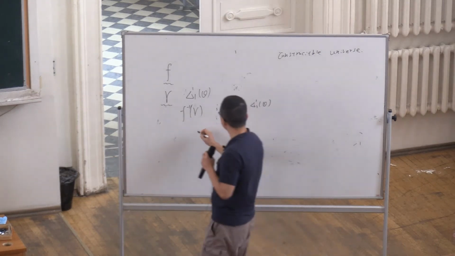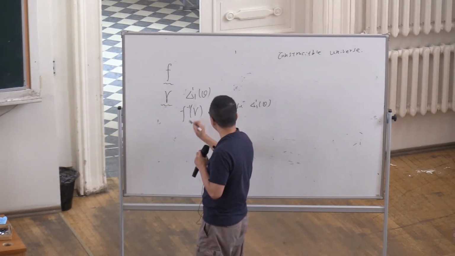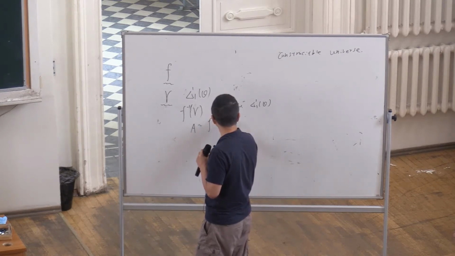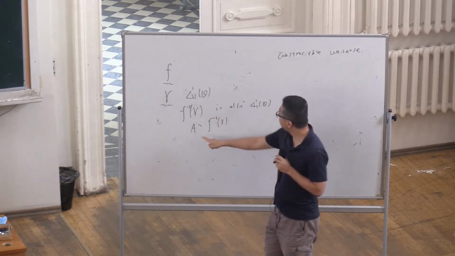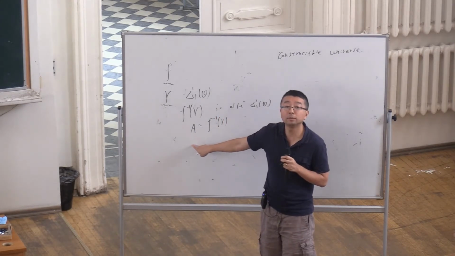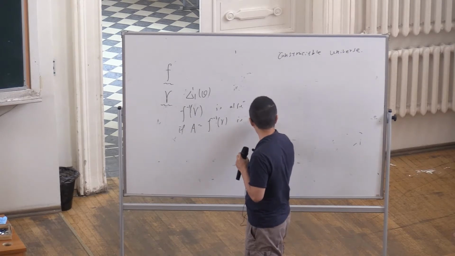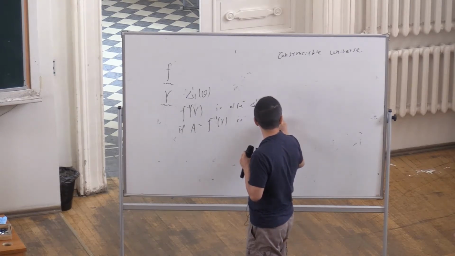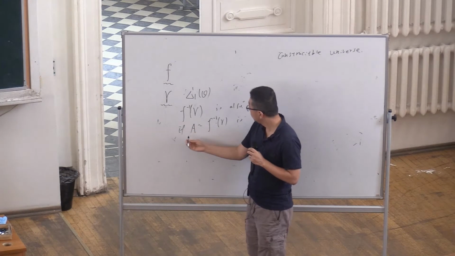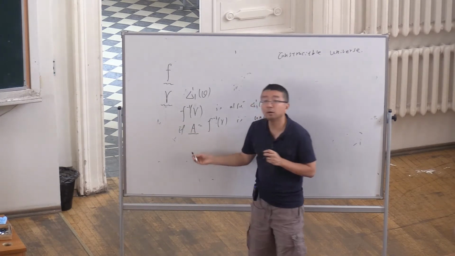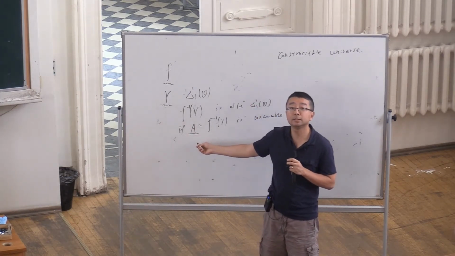So suppose A is equal to the preimage of R. Suppose it is uncountable. Then what's the complexity of this set?